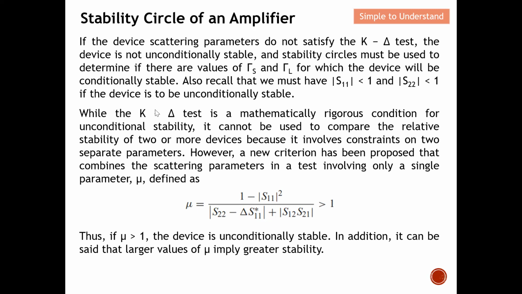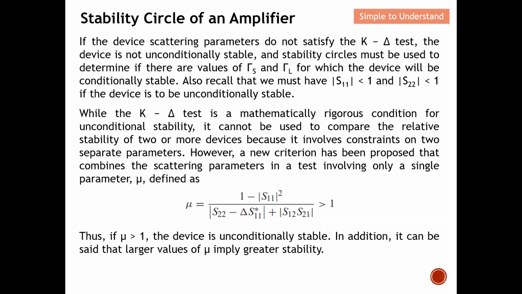Okay, while the K and the determinant of the scattering matrix test is a mathematically rigorous condition for unconditional stability, it cannot be used to compare the relative stability of two or more devices. Basically, this means that when we calculate the K or the determinant of the S matrix, we cannot compare how stable the device will be.